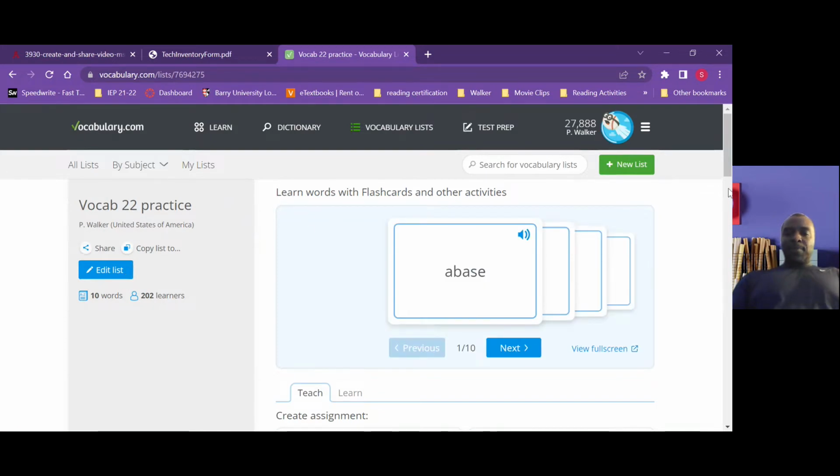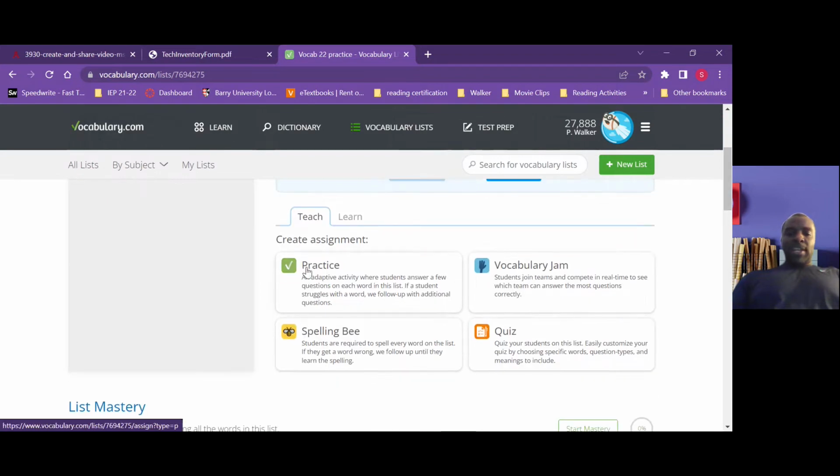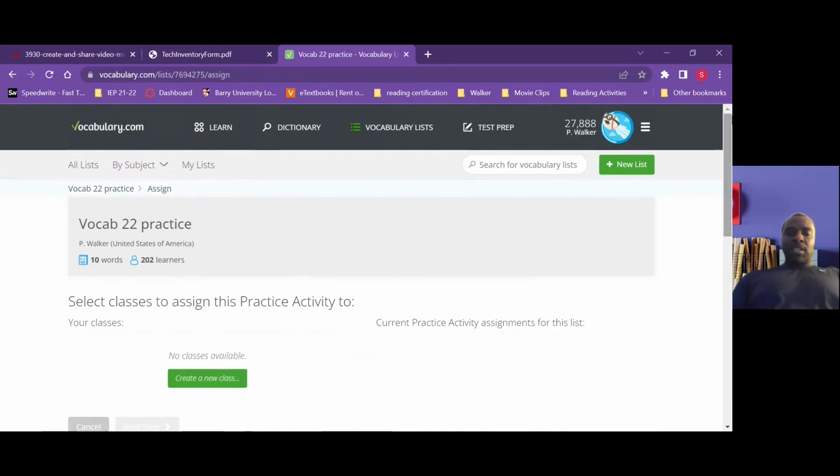It has the words, and the kids do a practice on the words. At the very end, it grades them. And the coolest part is you can test them, and it grades the test for you.